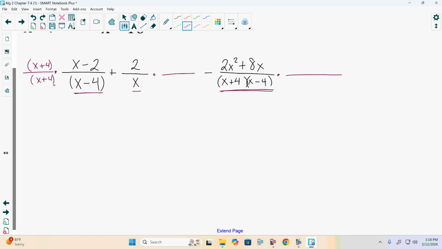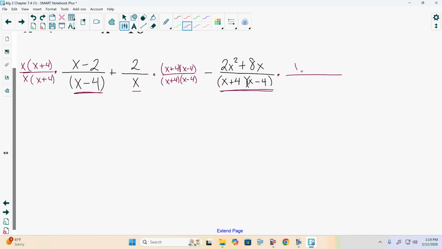What does the middle one have that this far left one doesn't? X. So we have to also multiply it by x. Well, what does the middle one not have that the outer two do? Well, for sure, x plus 4 and x minus 4. And lastly, what is the far right one missing?